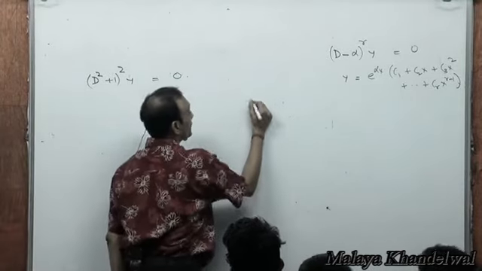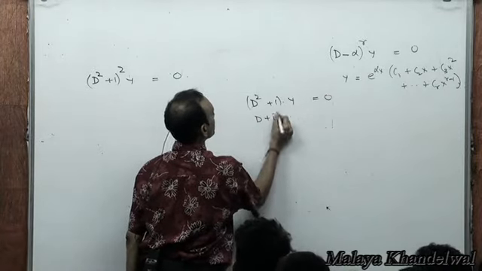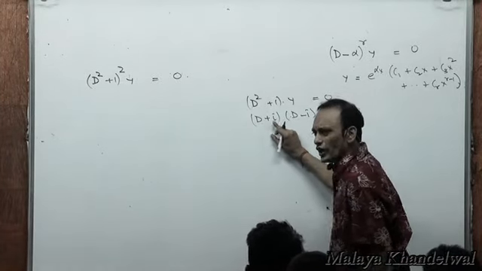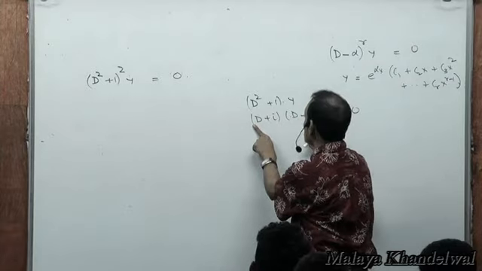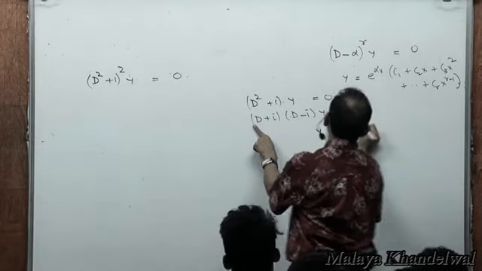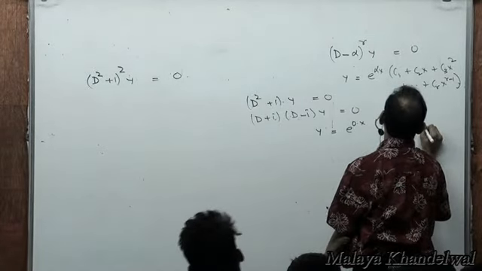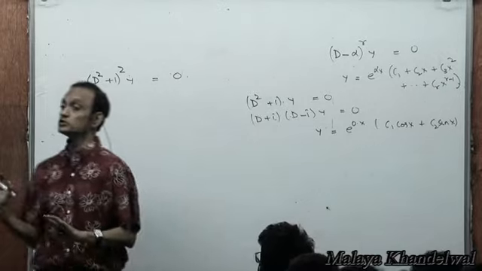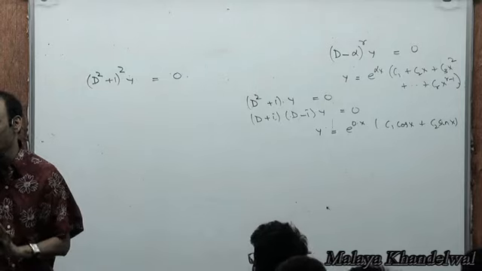(D squared plus 1) acting on y equal to 0 had (D plus i)(D minus i) acting on y is 0, and we know alpha was 0 and beta was 1, and the contribution made by this combo, plus i and minus i, was e to the power 0 into x times (c1 cos beta x plus c2 sin beta x), with beta as 1. Just one complex pair. They will always occur in pairs. In this case, you have one pair, i and minus i.